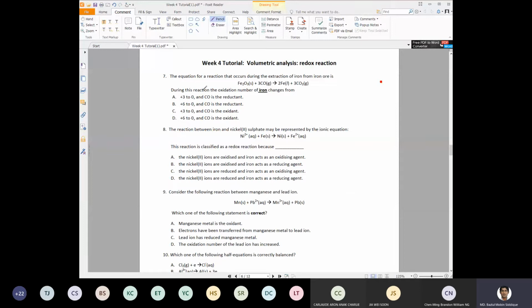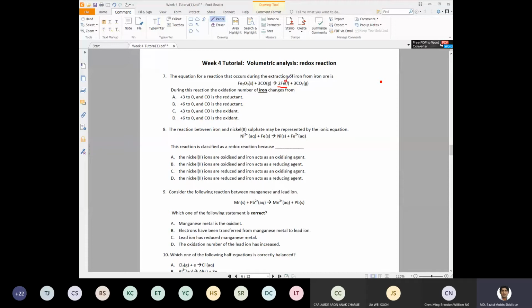Question number 7. The equation for a reaction that occurs during the extraction of iron from iron ore is ferric oxide, iron(III) oxide, and carbon monoxide, producing iron 0.